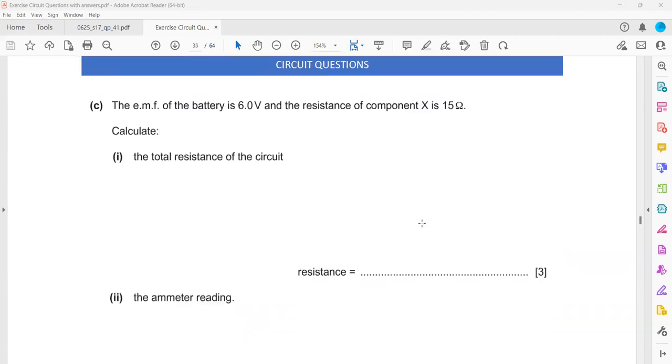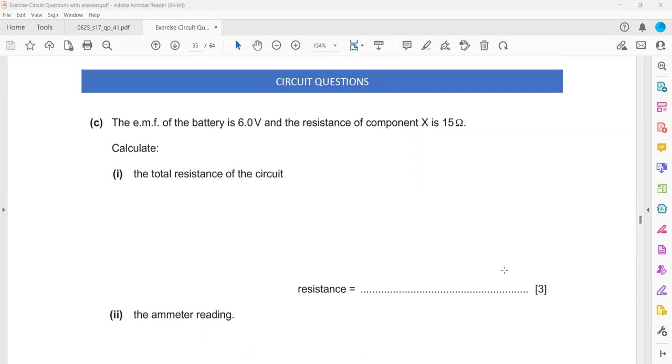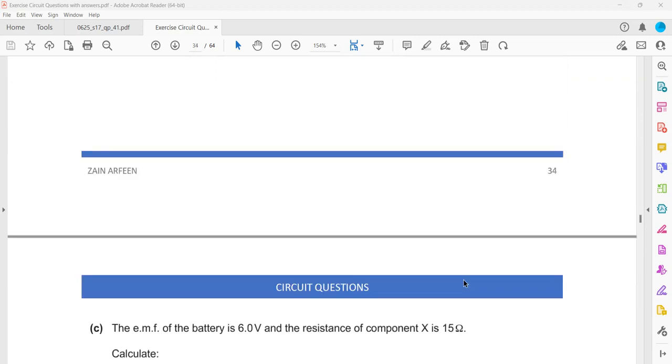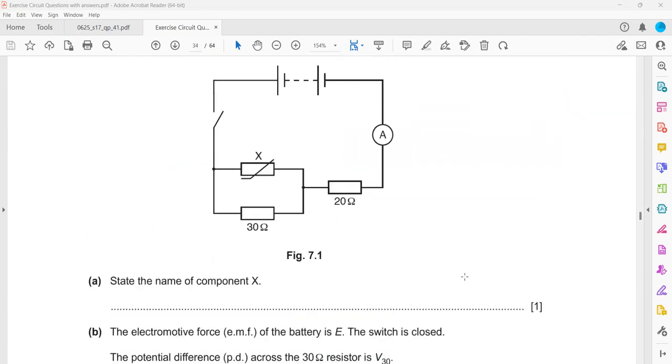Then the EMF of a battery is 6 and the resistance of component X is 15. Calculate the total resistance of the circuit. So if you want to calculate the total resistance of a circuit, this is 15, this is 15, this is 30. First, these two are in parallel. So how do we work out the combined resistance? It will be product divided by sum.